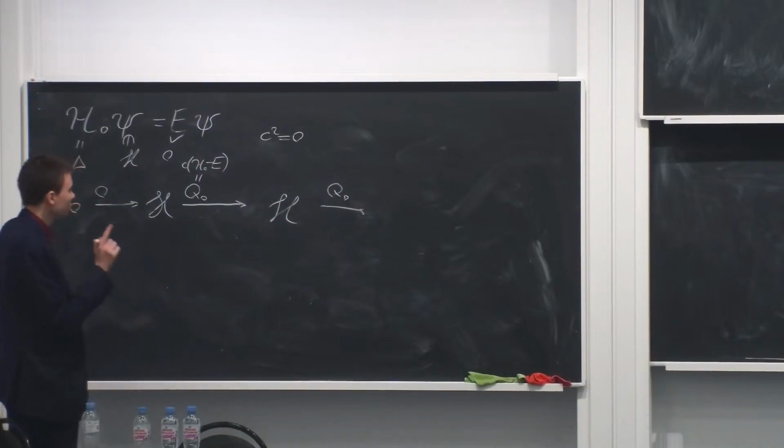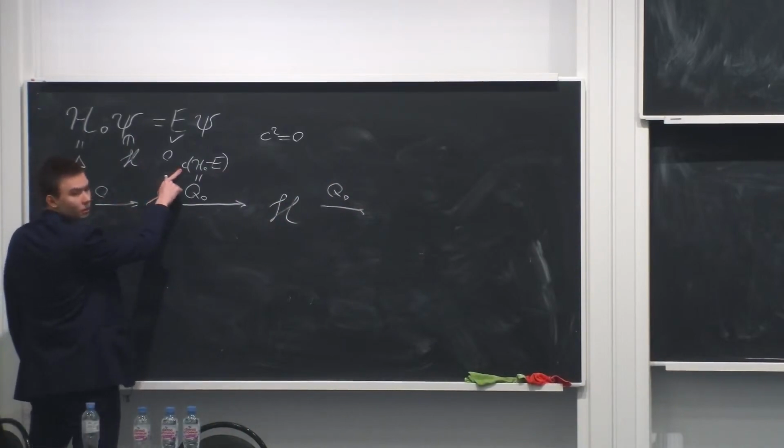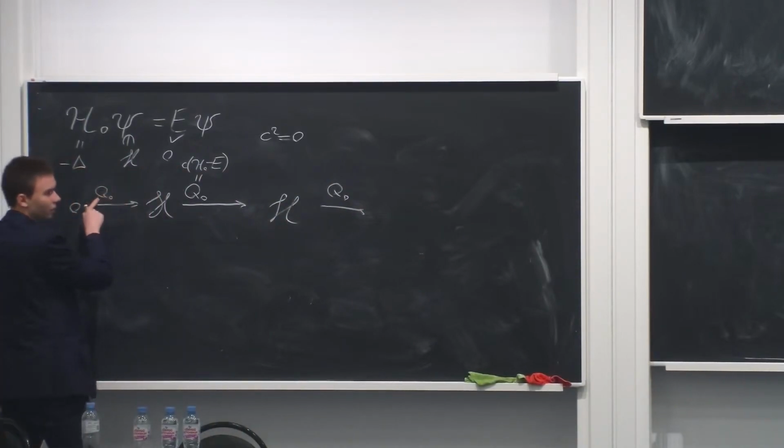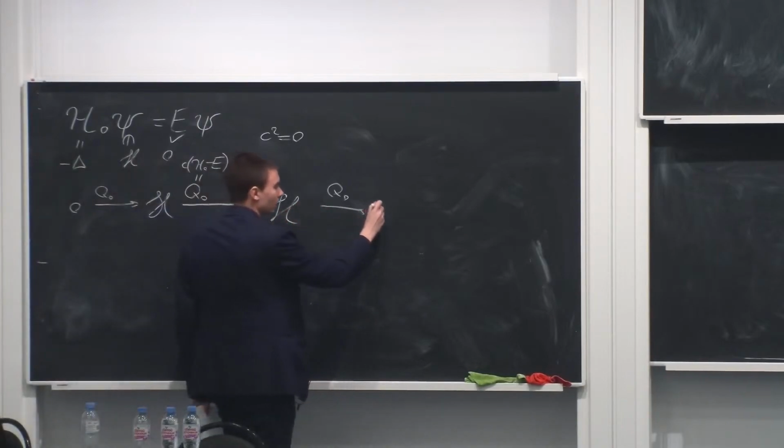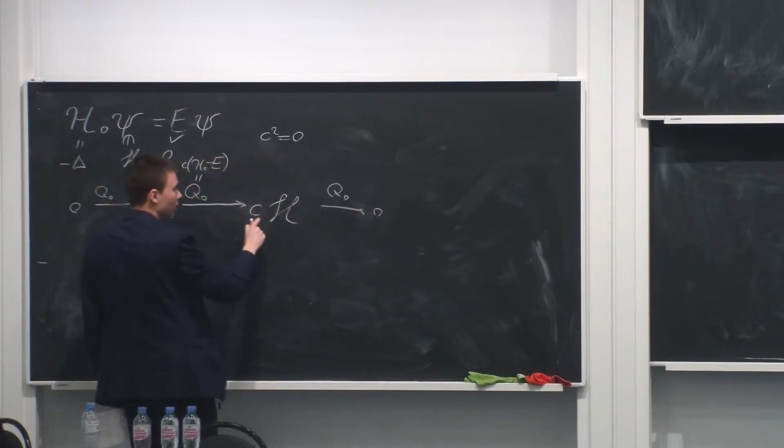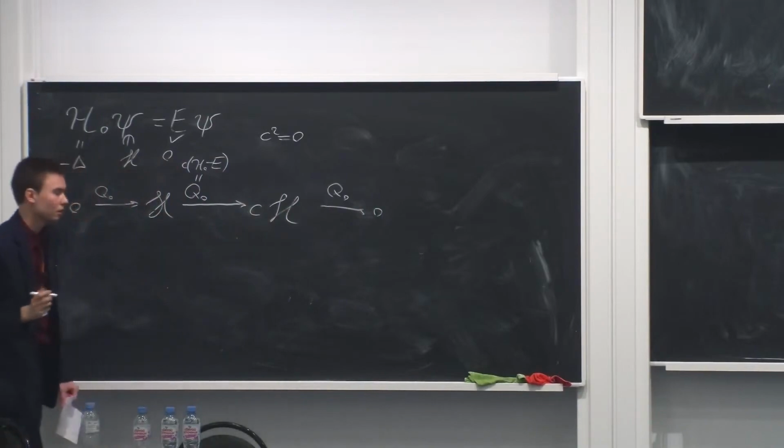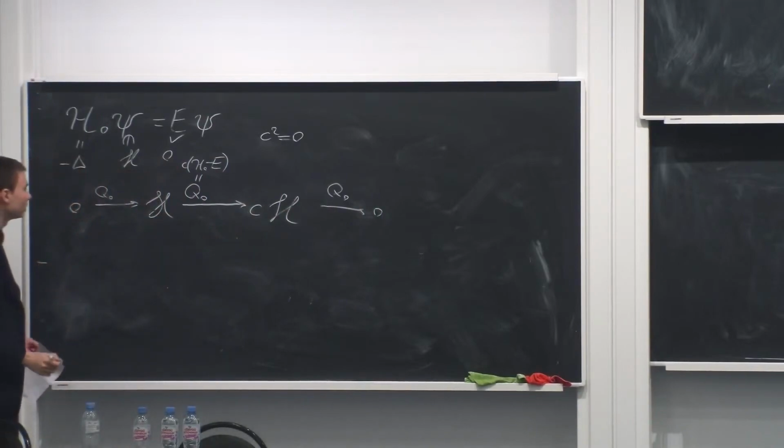So once again, I put a Grassmann number here, and I choose these ones to be the same. And thus, the functions here will be multiplied by this Grassmann number C, no big deal.